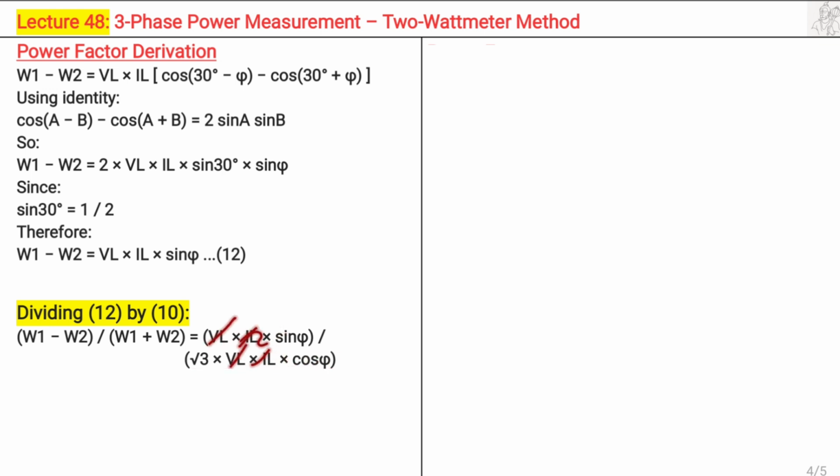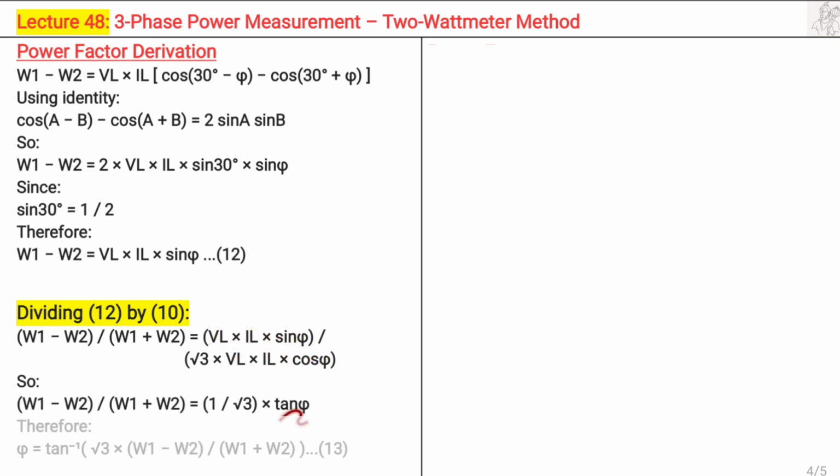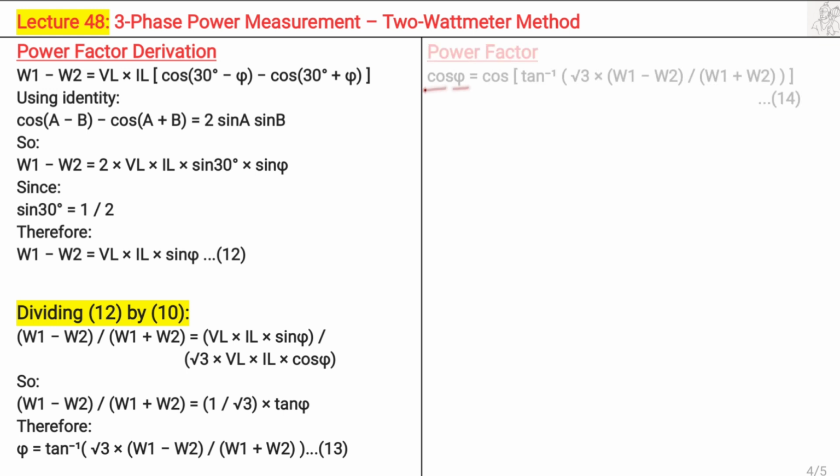VL and IL cancel out, and sin by cos is tangent phi. So phi comes out to be tangent inverse of root 3 into W1 minus W2 divided by W1 plus W2. Since we have found the phase angle, we can find the power factor, which is simply cos of this angle. So this is the expression of power factor.